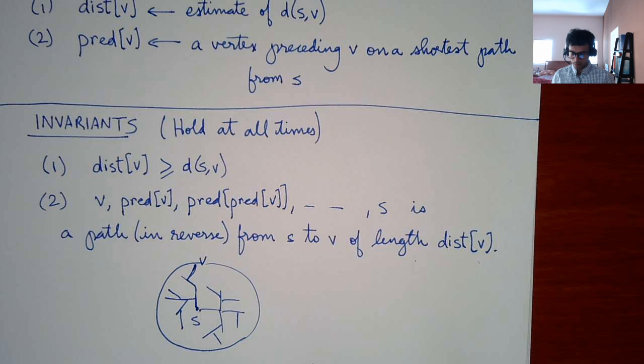So these are the invariants of the algorithm. And again, the way to think about the invariant is that it's maintaining some guess for the shortest path tree. Now let's talk about the initialization. The initialization should not surprise you.